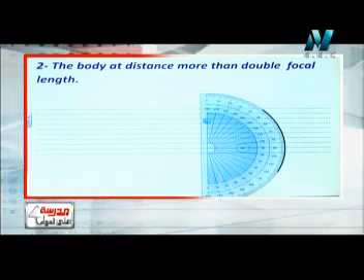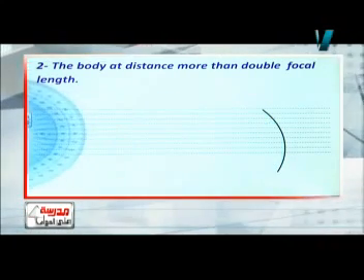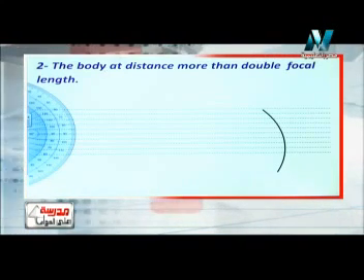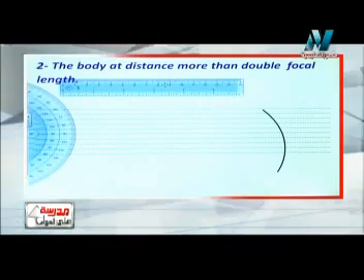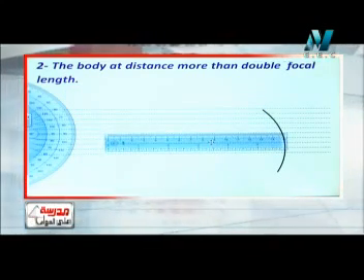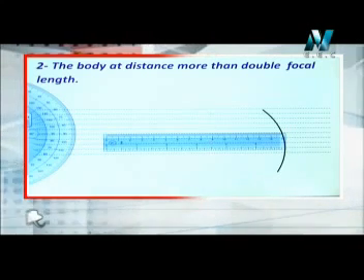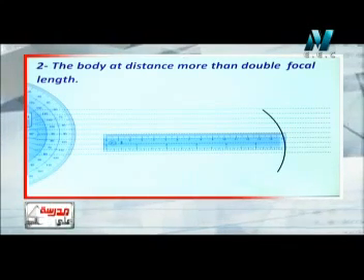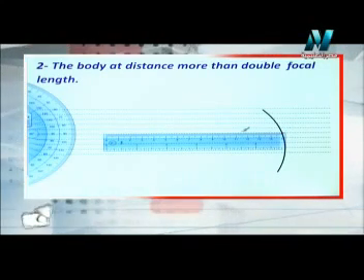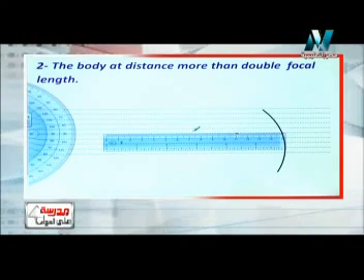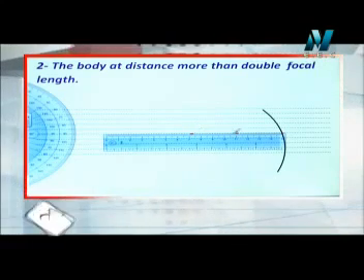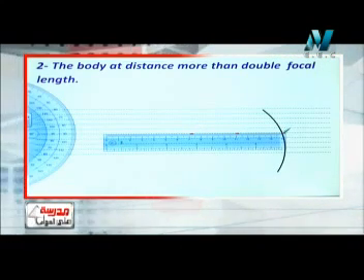Then we use the ruler to measure equal distances between the pole of the mirror, the focus and the center of curvature, like that, by ruler. Here 0 centimeter, here 3 centimeters, for example, and here 6 centimeters. Put a point like that, and a point like that.